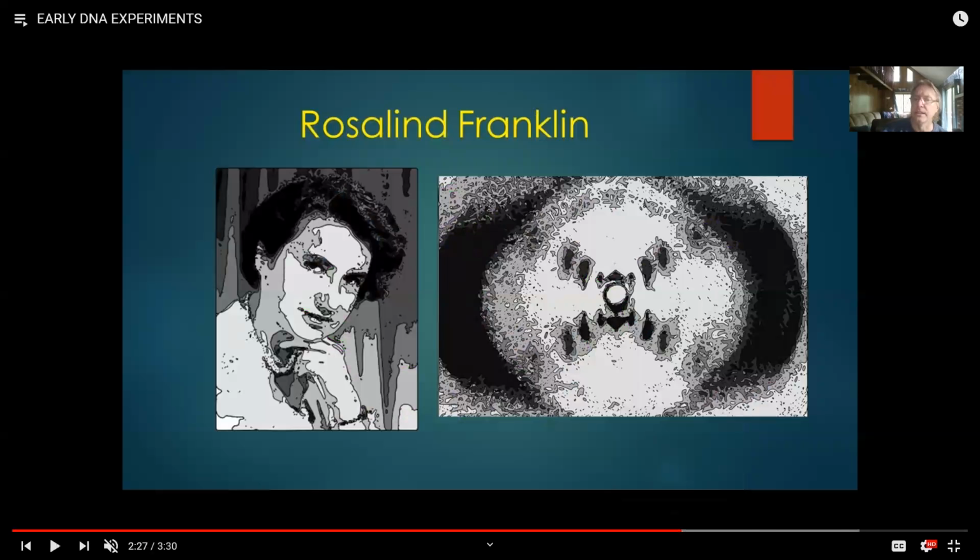fact. Rosalind Franklin was the one who took the photographs, which would be key in understanding the double helix structure of DNA.